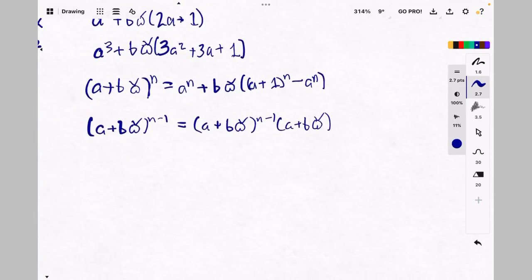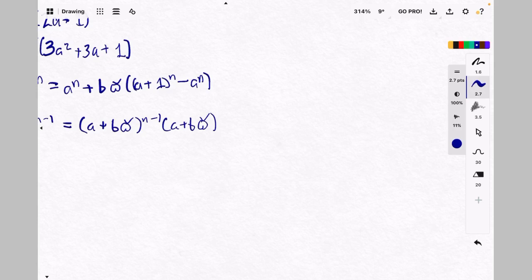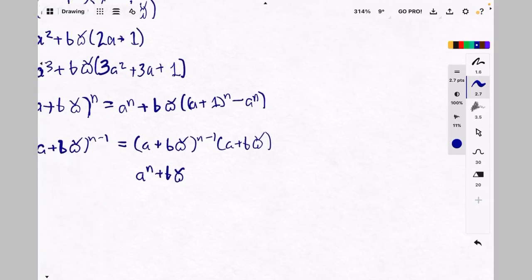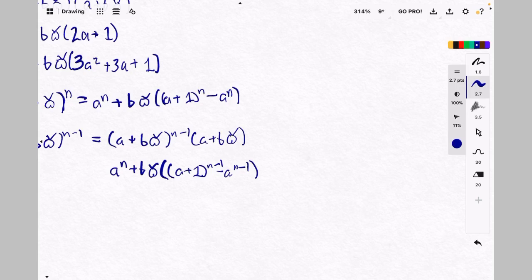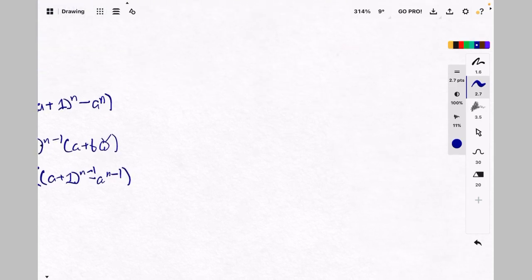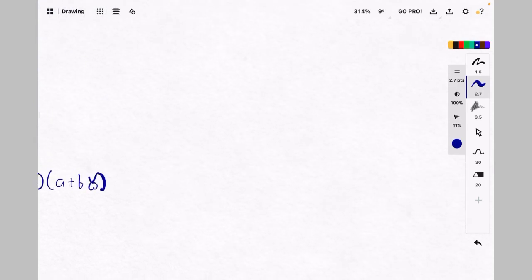And then we factor everything out. Expand it. It's a to the n minus 1 plus b telugu d times ((a plus 1) to the n minus 1 minus a to the n minus 1), and then all that times a plus b telugu d.